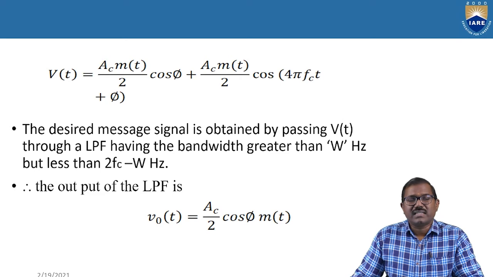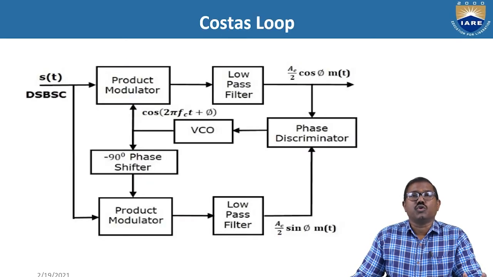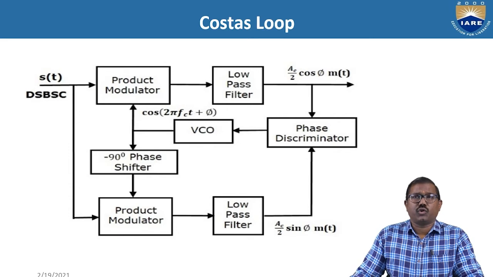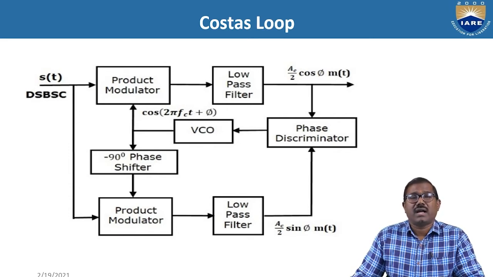Next, we are going to the Costas loop. This Costas loop is a practical one that we use for detecting DSB-SC waves. Here also we have two product modulators, one placed in the upper channel and another in the lower channel.